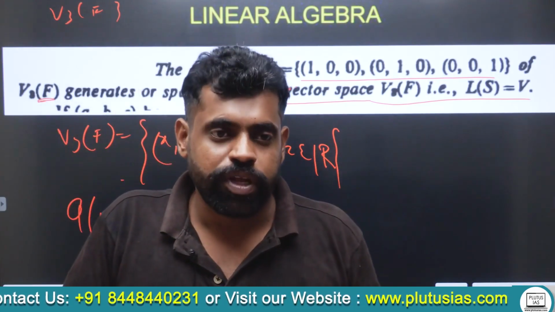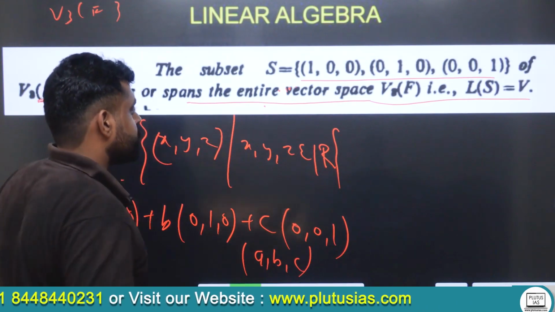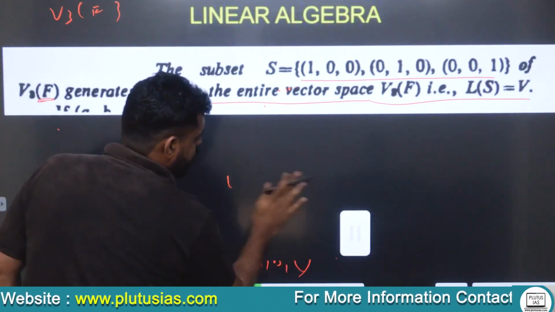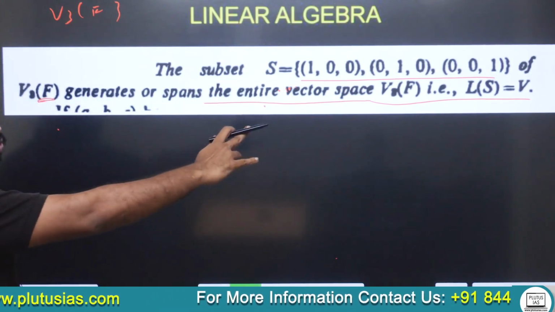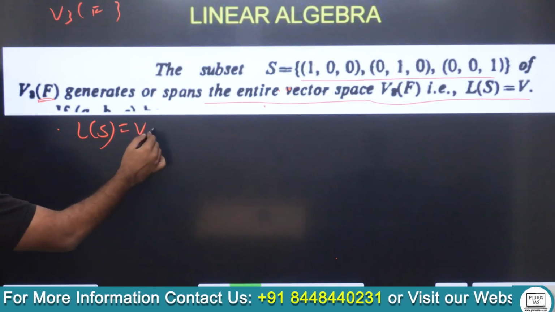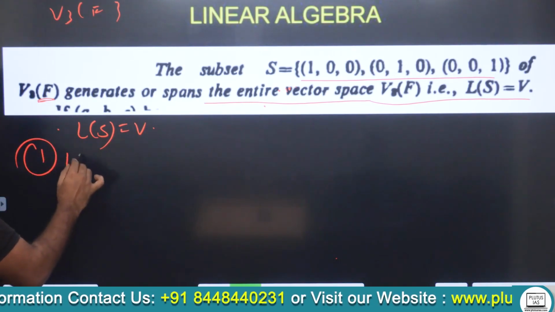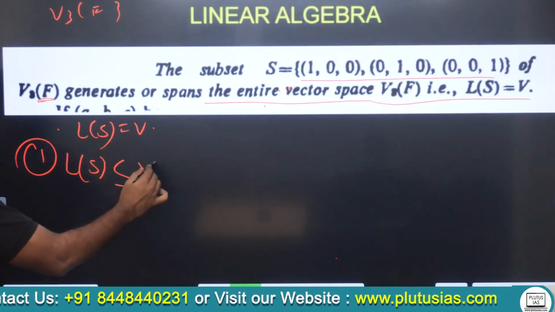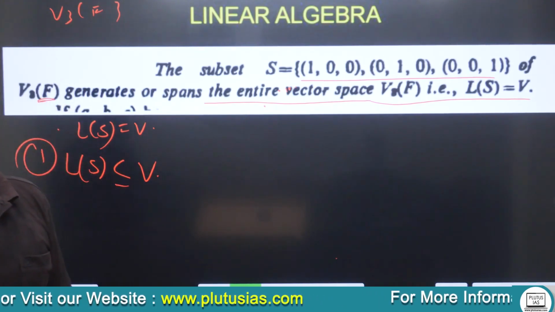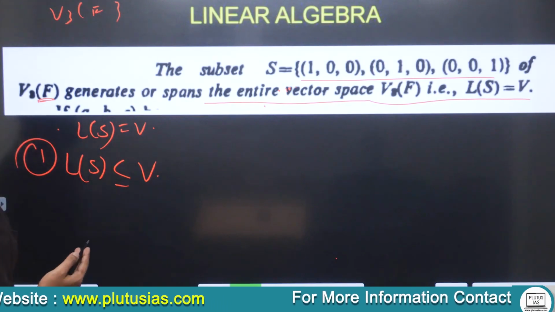Now, how to prove this? I told you that day that if you have to prove two sets equal, you have to prove that LS is equal to V. Then the first condition which you have to prove is LS is a subset of V. So it is true or not? It will be true.